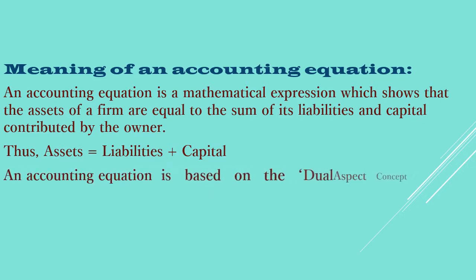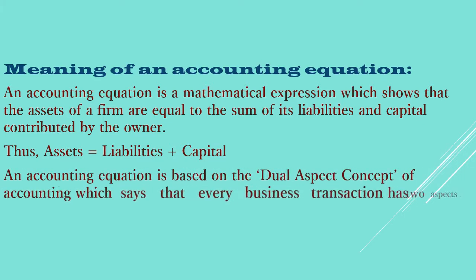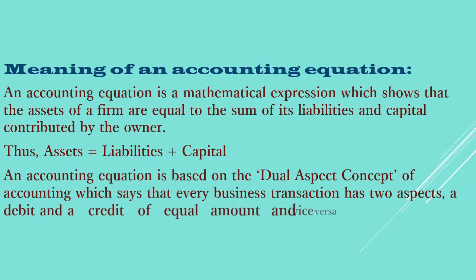An accounting equation is based on the dual aspect concept of accounting, which says that every business transaction has two aspects, a debit and a credit of equal amount. The meaning of the dual aspect concept is that one transaction has two aspects.